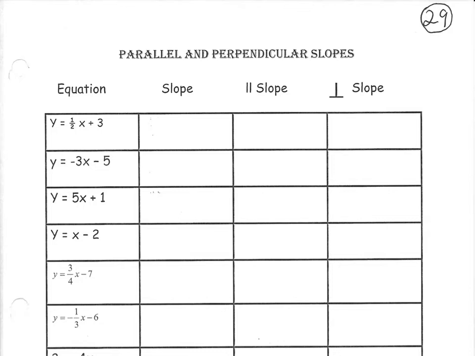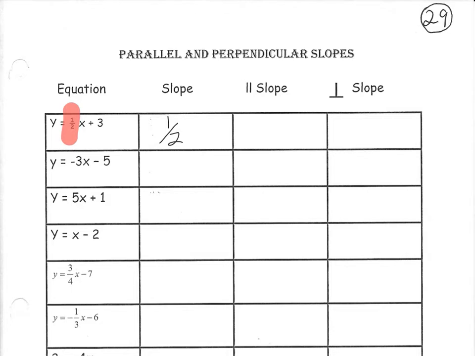So going through this, the first thing it wants us to do is to identify the slope. Remember, the slope is always in front of the X. So the slope is 1/2. Now, the parallel slope, if you remember, parallel lines have the same slope.